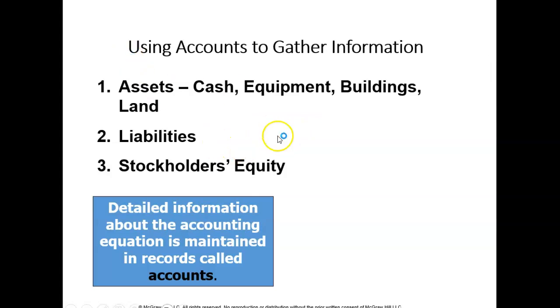And then stockholders' equity, those two components, retained earnings and common stock, we're going to keep track of those as well. Now, in accounting, remember, our goal is to keep track of a company's financial information. We have something known as accounts, which means that every different asset has its own account.